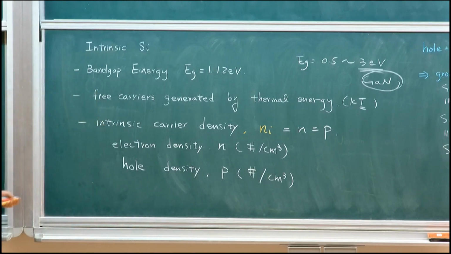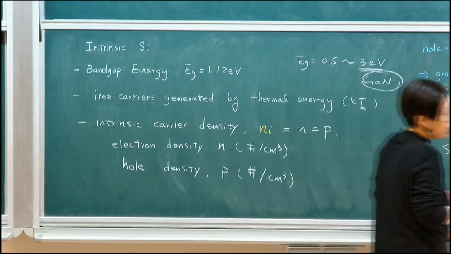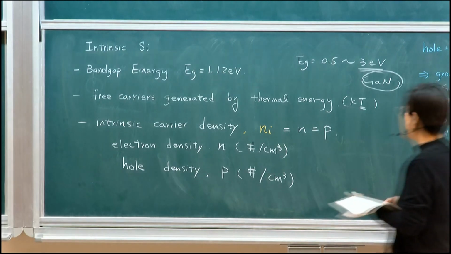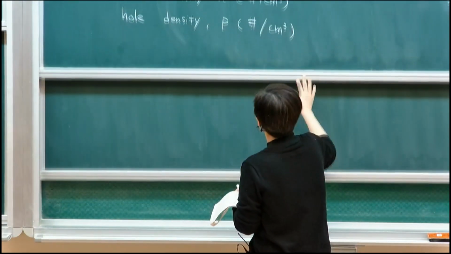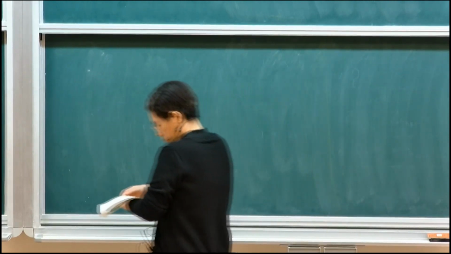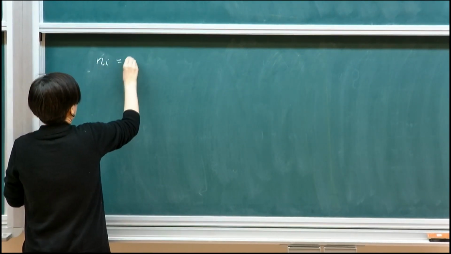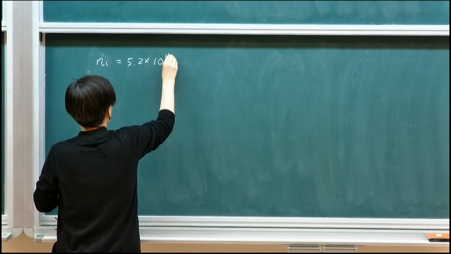As I said, what is the typical number? I'm not sure I can remember the equation, so let me write it down first. These are just constants, not very commonly used.